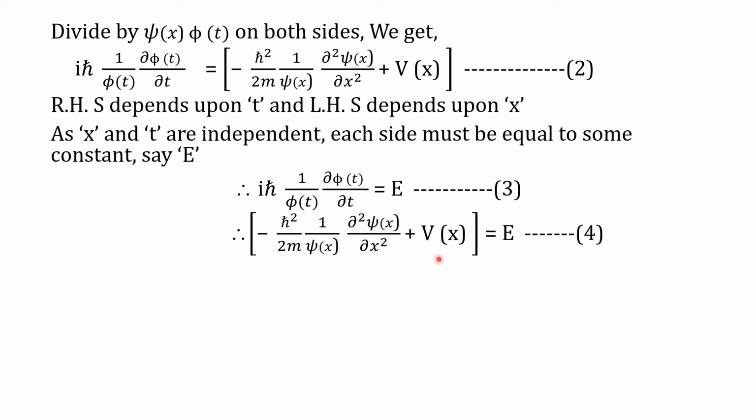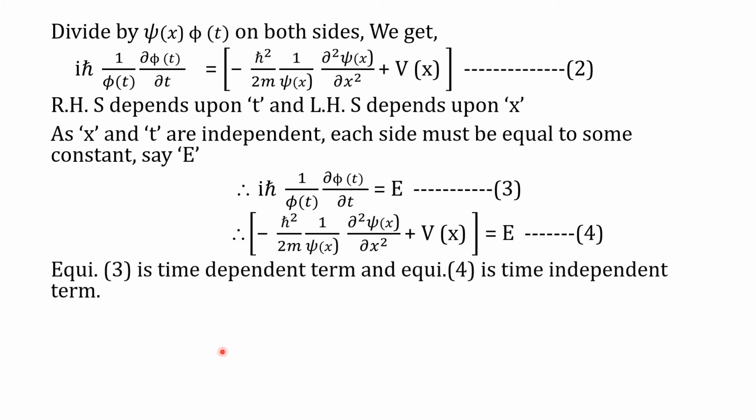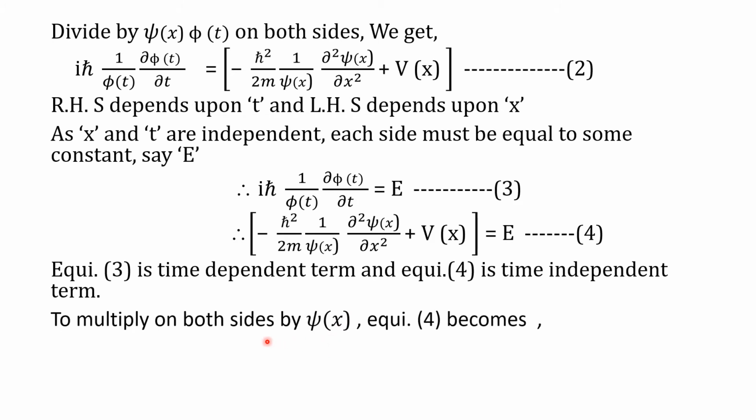This equation we simplify here. Equation 4 is the time independent term. We simplify that equation by multiplying on both sides by psi of x. If we multiply psi of x on the RHS as well as the LHS, then on one side psi of x cancels between numerator and denominator, leaving V of x multiplied by psi of x.